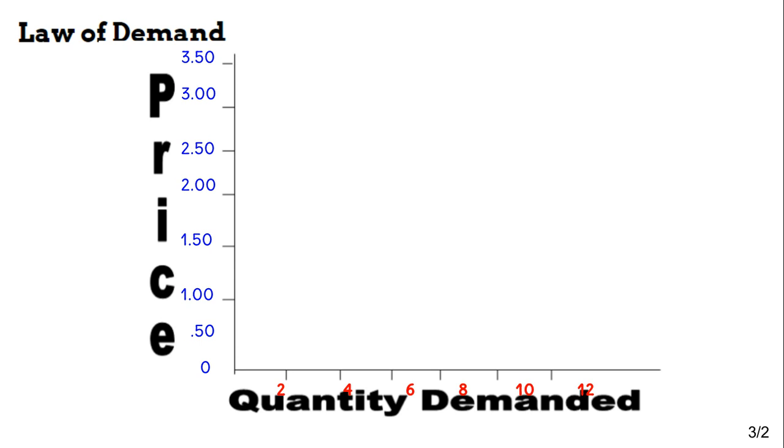And then you want to go ahead and put the numbers on your demand curve for the quantity. And if you go back to your first demand curve, you're going to be putting in those quantities. So I'm going to put in at $3.50, that's 0. And at $3, that's 2.